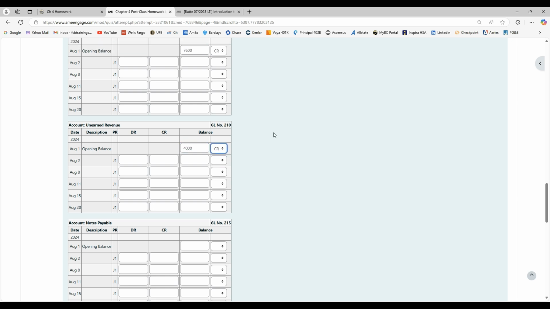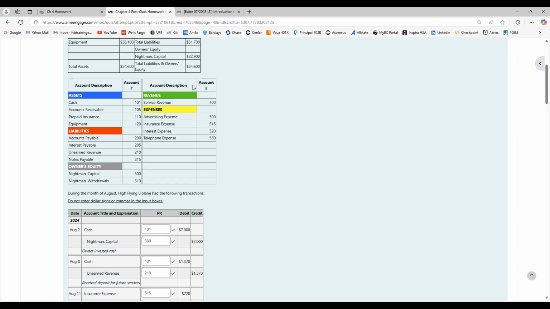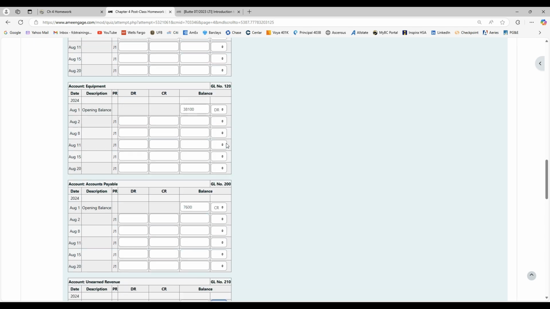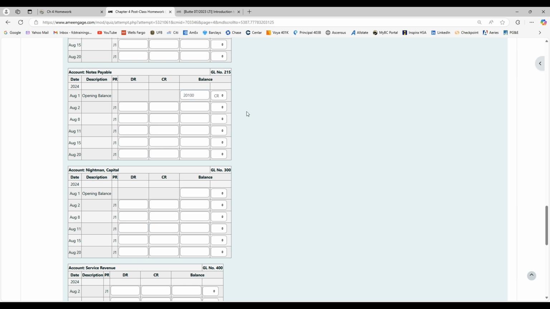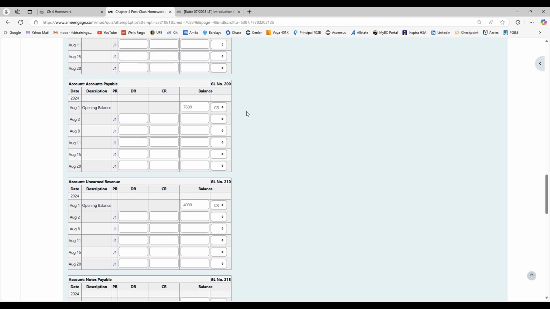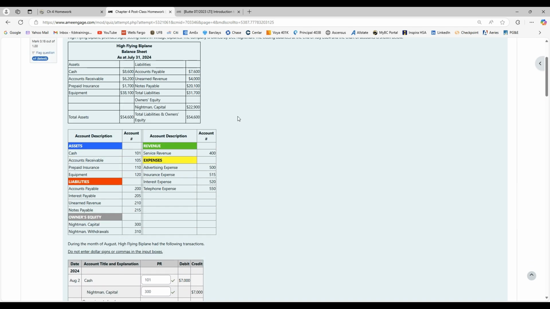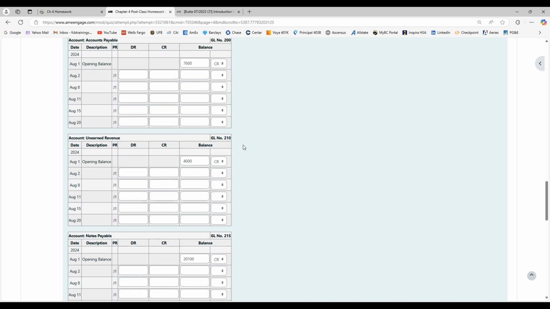We should have looked at the notes payable balance is 20,100. Okay, getting close. Capital has a 22,900 balance.